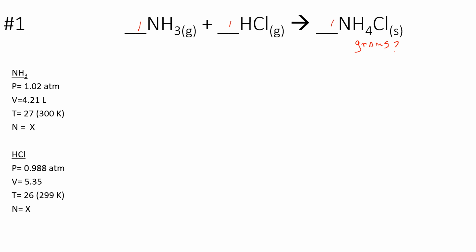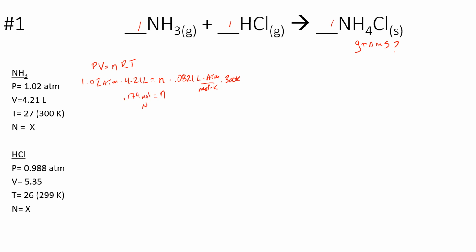To do that, for the ammonia here, I simply used PV equals nRT, where the pressure is 1.02 atmospheres, times the volume of 4.21 liters, is equal to n, which is the X I'm trying to find, times R, which is 0.0821 liters times atmospheres over moles times Kelvin, times the T, which is 300 Kelvin. And I got an n here equal to 0.174, and that's for the ammonia.